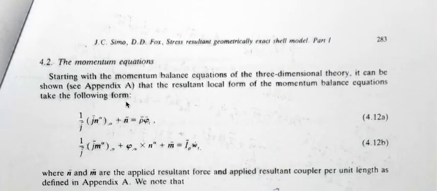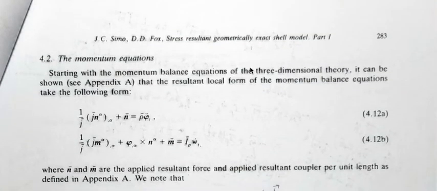So the momentum equations are developed in the appendix. So we have already checked and these are correct. Very easy derivation. So these momentum balance equations of the three-dimensional theory are used to derive the resultant local form of momentum balance equations, which take this form.